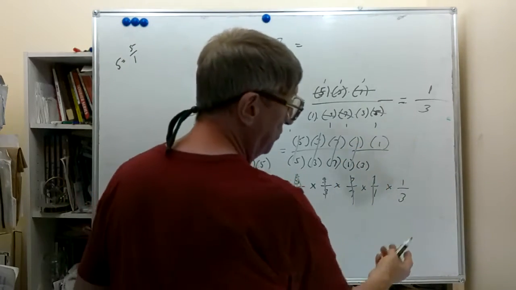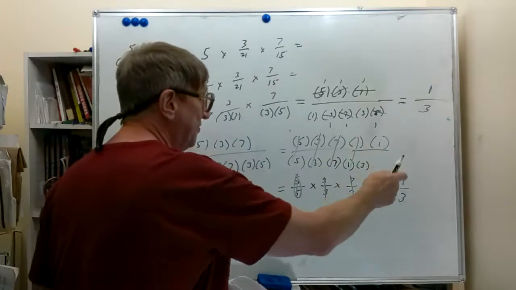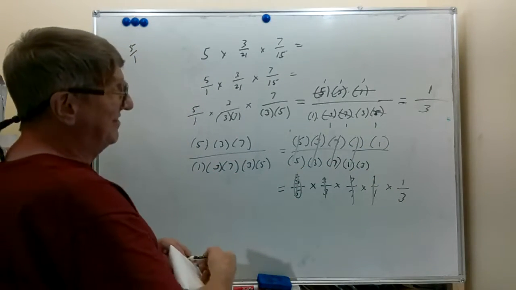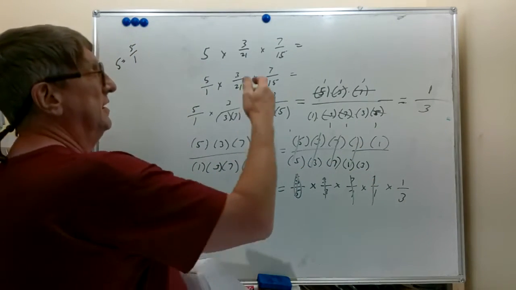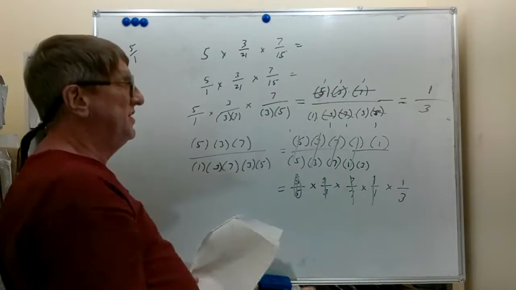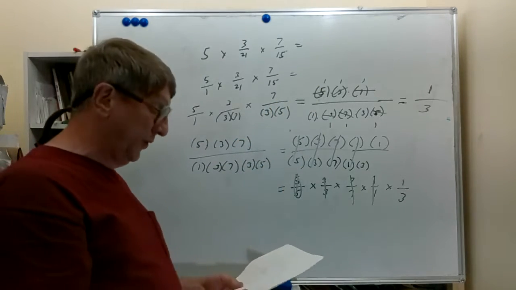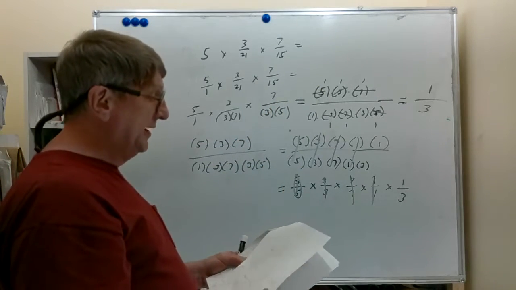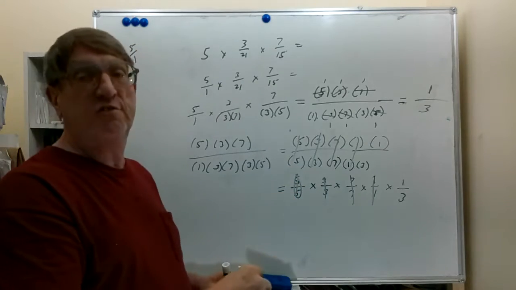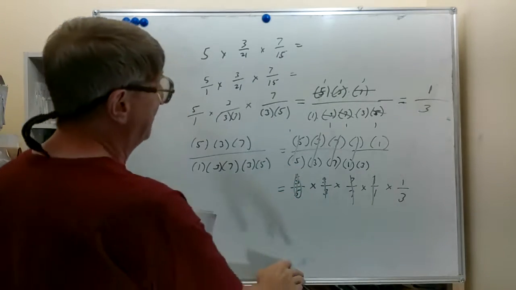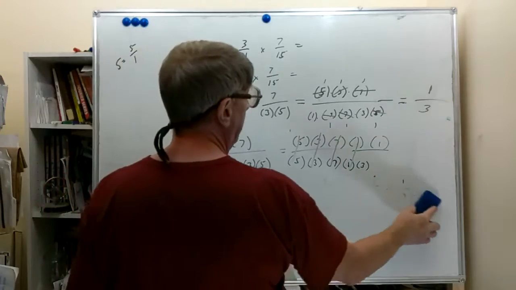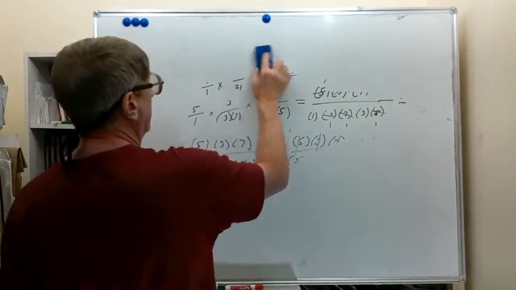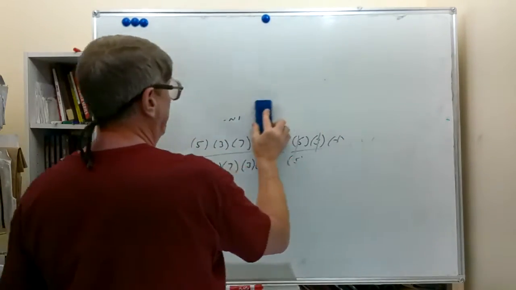And all that was left was the 1 over 3, or 1/3. So when you're canceling factors between the numerator and the denominator to reduce a fraction to lower terms, what you're really doing is just throwing away multiplications by 1, which is never going to hurt your value any. Multiplication by 1 doesn't change anything.